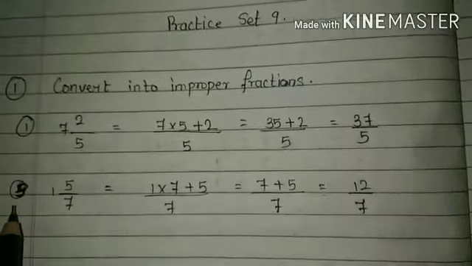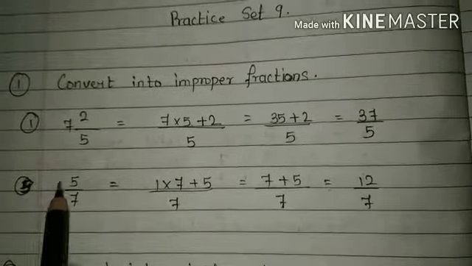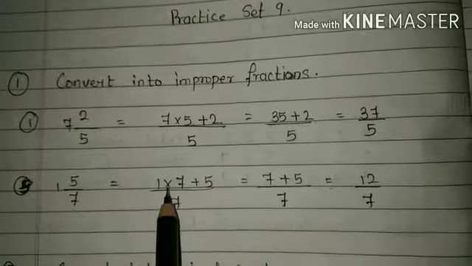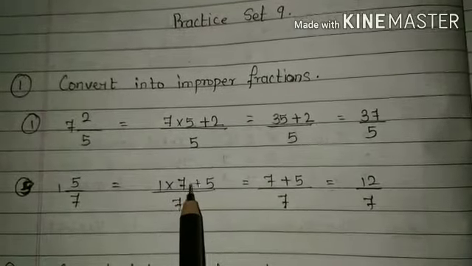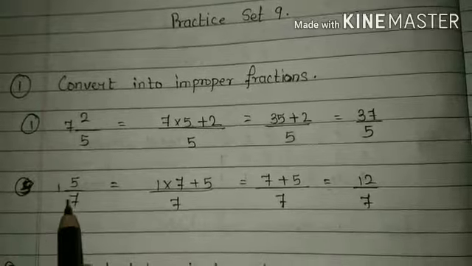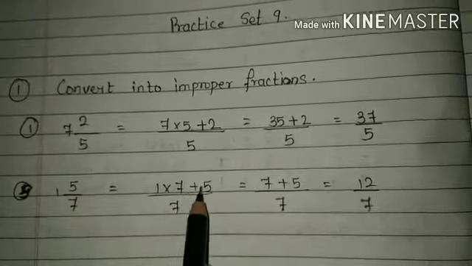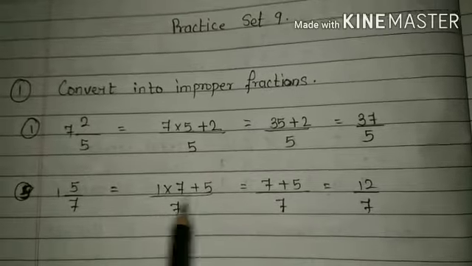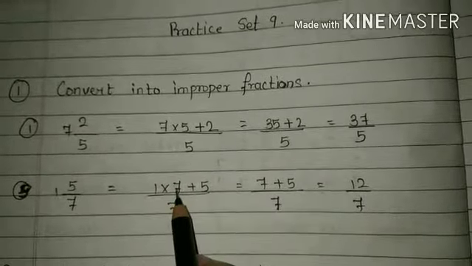Next is question number 5. 1 and 5/7. The same way we are going to solve. 1 multiplied by 7 plus 5. 1 is the whole number, and 7 is the denominator, which we have to multiply with 1. Then plus 5 upon 7 equals, 7 ones are 7.